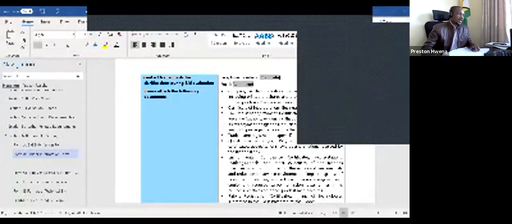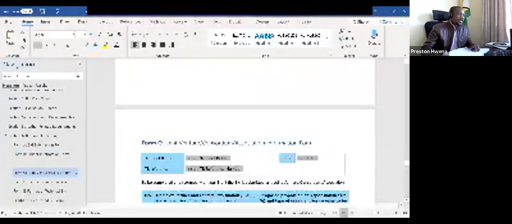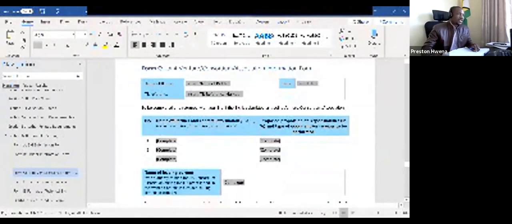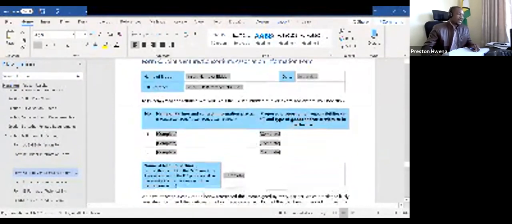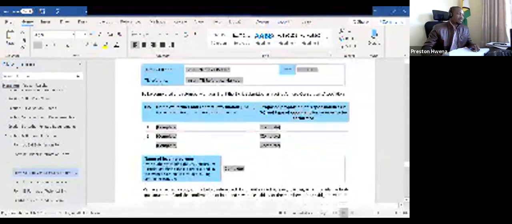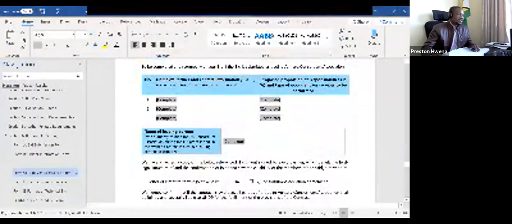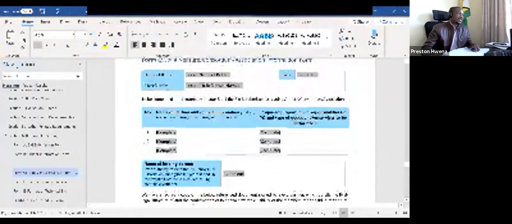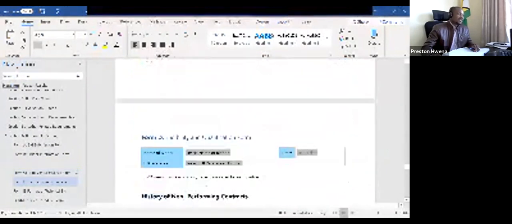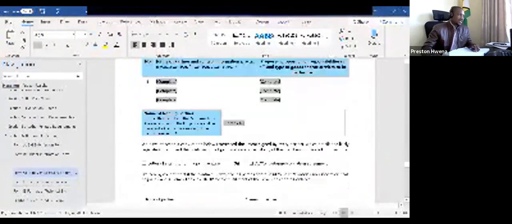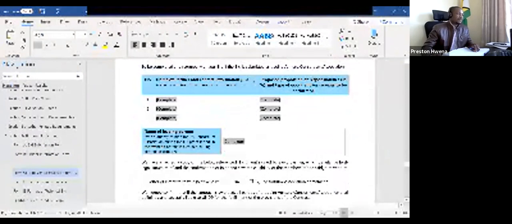So this is the document. Where we were talking about the joint venture, this is the joint venture form, and it tries to give as much detail as possible in the event that some are participating as a joint venture.